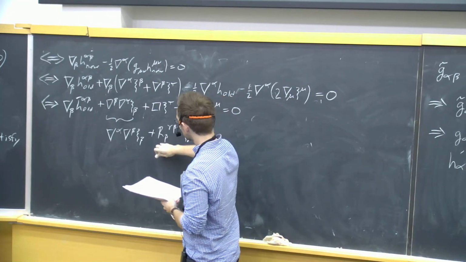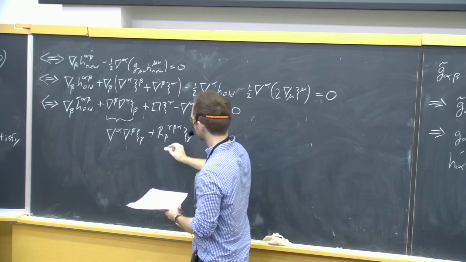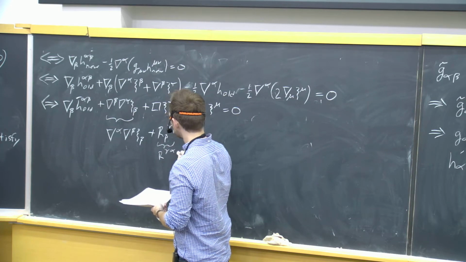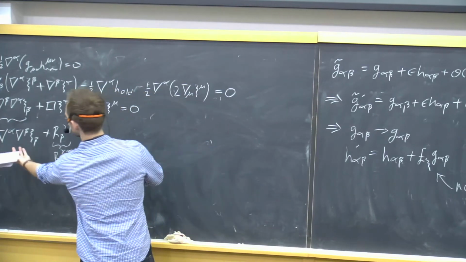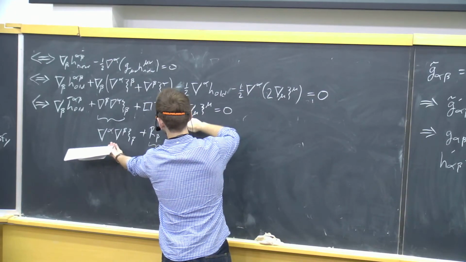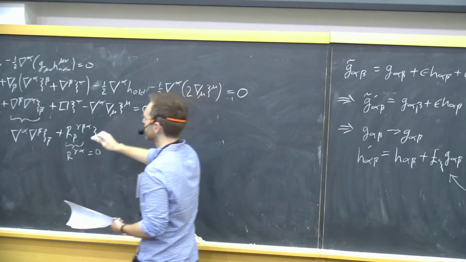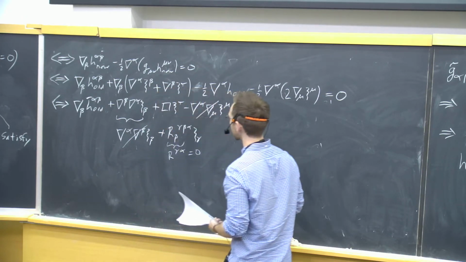But this is 0 because we're contracting over beta here. So this is just the Ricci tensor of the background, which is 0. And then we can see that this term here is actually exactly the same as this term up here, but with a different sign. So these two terms cancel.